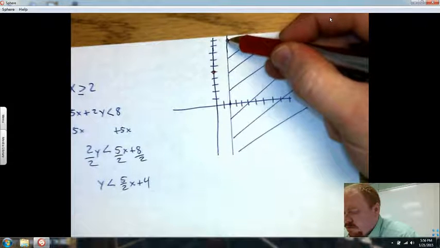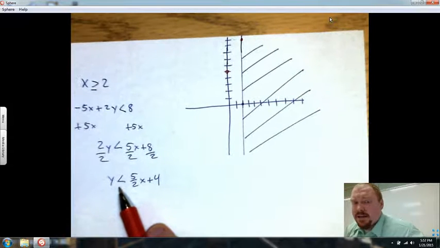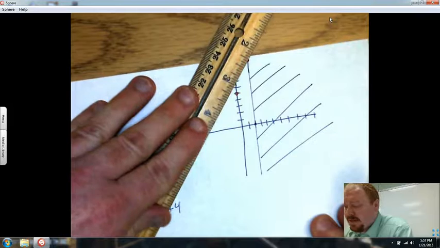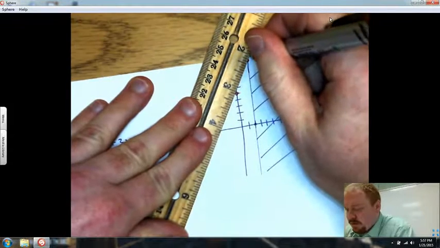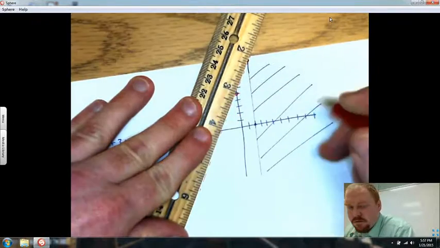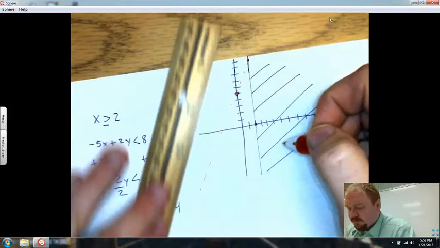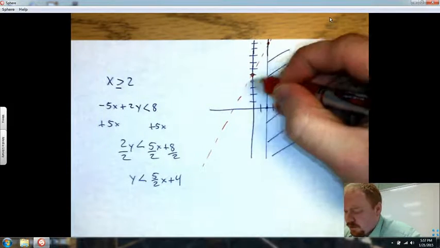Now, because this is a less than sign, and it doesn't have the equal to with it, I'm going to draw a dashed line. That's not showing up that well, so I'm going to make those a little bit darker. There we go.